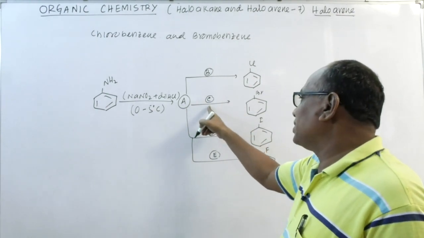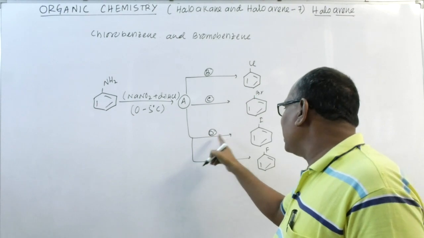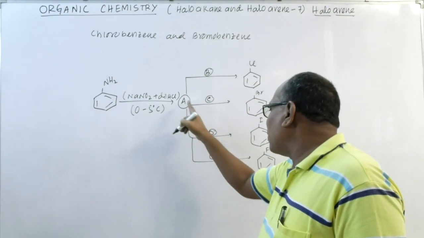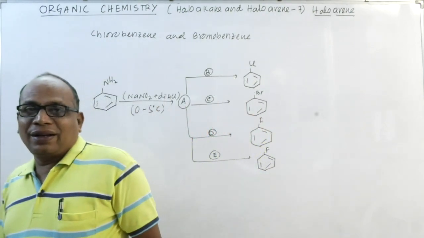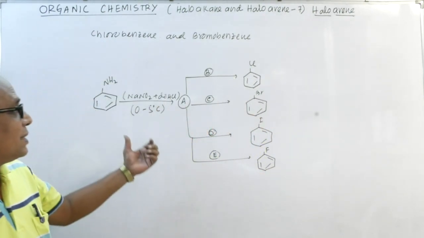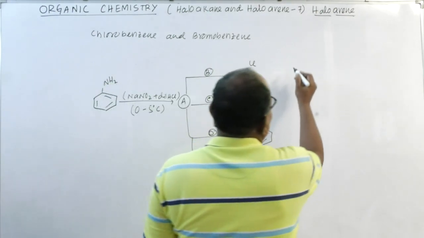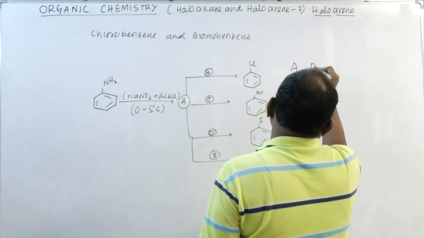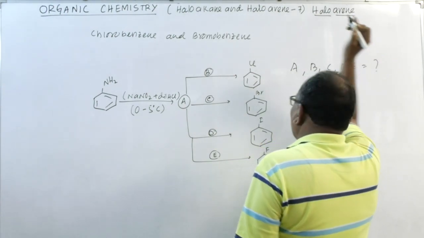Compound A treated with C gives bromobenzene. Compound A treated with D gives iodobenzene. Compound A treated with E forms fluorobenzene. Now, what are A, B, C, D, E? Identify A, B, C, D, E. What compounds are these?